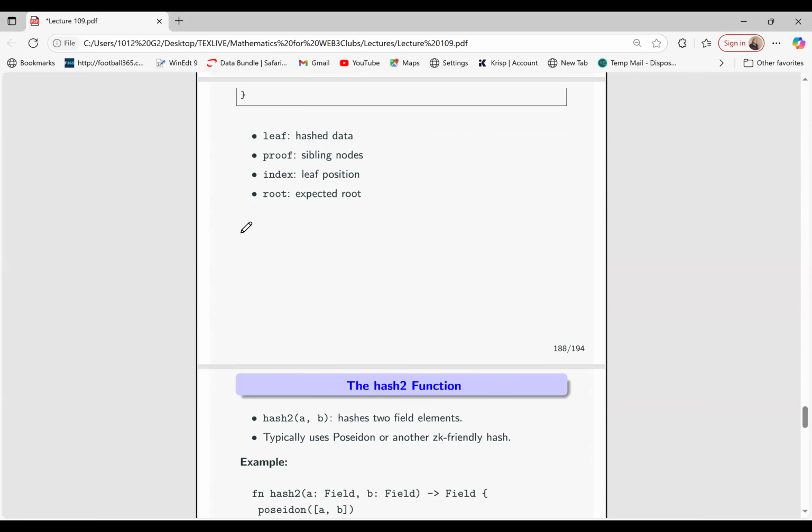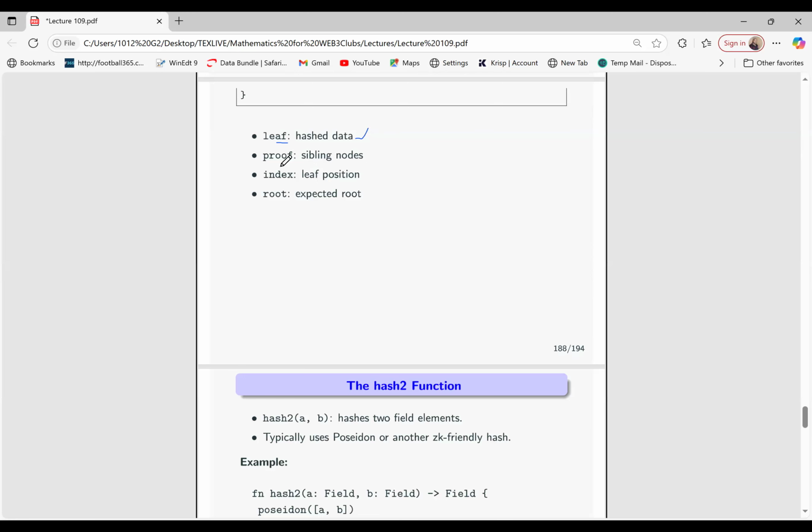Now, when I shared that proof on VS Code, you've seen the leaf. Of course, it's hashed data so that you cannot identify it. We took leaf 0, leaf 1, and hashed them, then hashed 2 and 3, 3 and 4, 5 and 6, and so on.